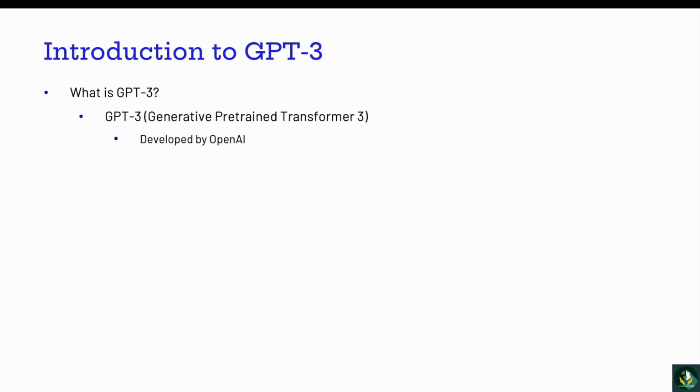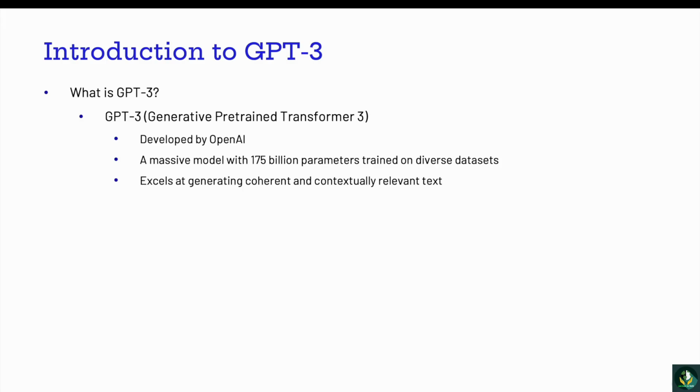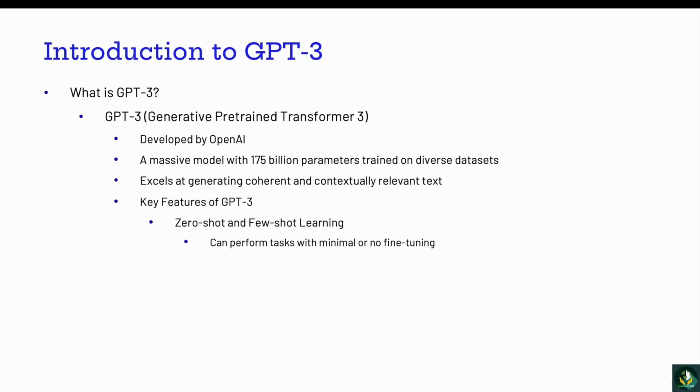Next, let's go into the introduction of GPT-3. What is GPT-3? GPT-3, or Generative Pre-trained Transformer 3, is developed by OpenAI. It's a massive model, 175 billion parameters trained on diverse datasets, and it excels at generating coherent and contextually relevant text. Some of the key features of GPT-3 include zero shot and few shot learning, which can perform tasks with minimal or no fine tuning.